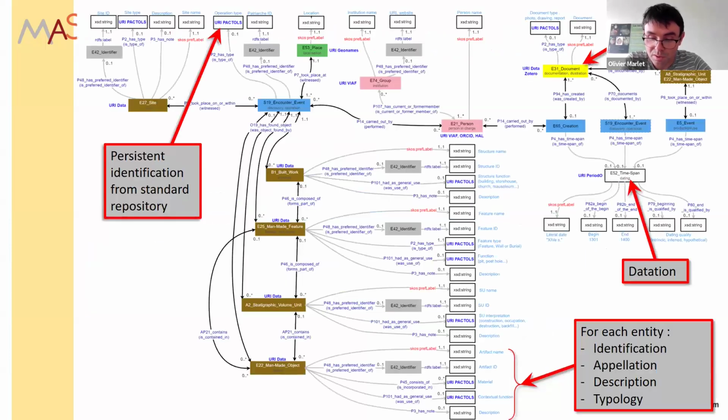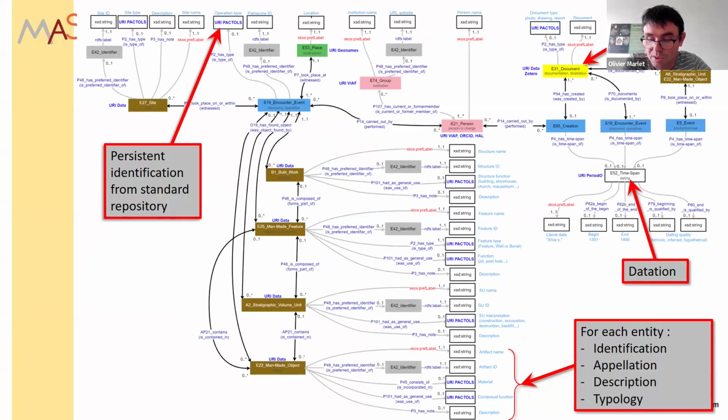Each of these generic archaeological concepts is described by an identifier, a name, a descriptive element, or a typological descriptor. Each of these concepts can also be associated with documentation, like a bibliography, photography, record sheet, drawing, plan, and so on.